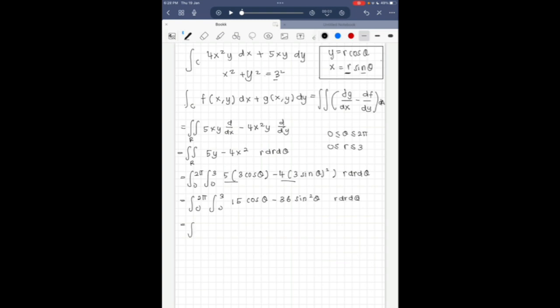After that we need to divide by r in this equation. Then we need to integrate with respect to r.